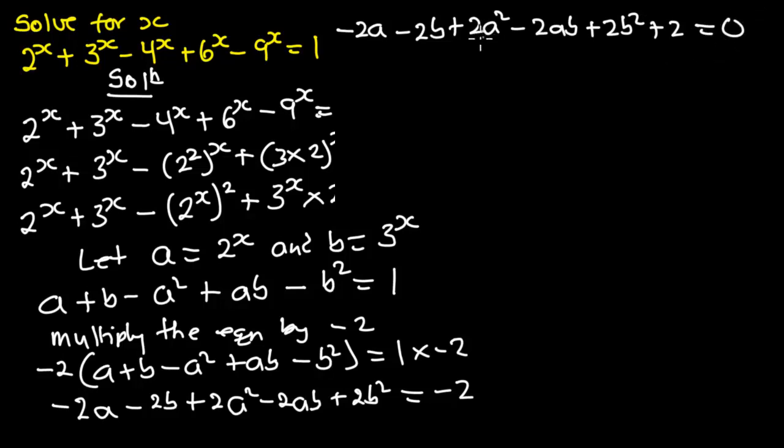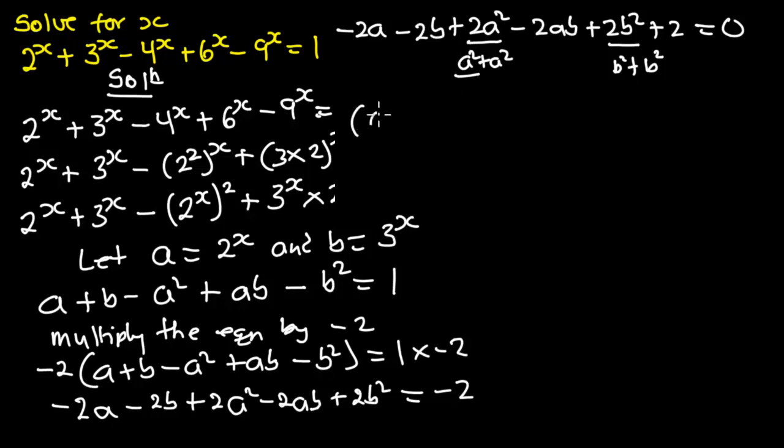Now from here we have 2a^2 over here, and 2a^2 can be divided into a^2 + a^2, right? Then we also have 2b^2 over here, and 2b^2 can be divided into b^2 + b^2. And so I'm going to pick one of these a^2, so I'm going to pick this.